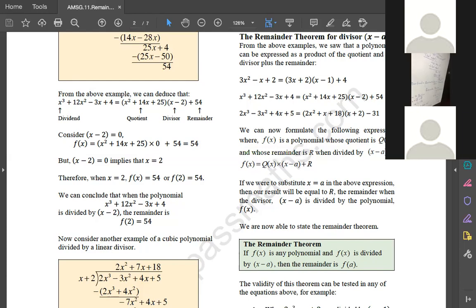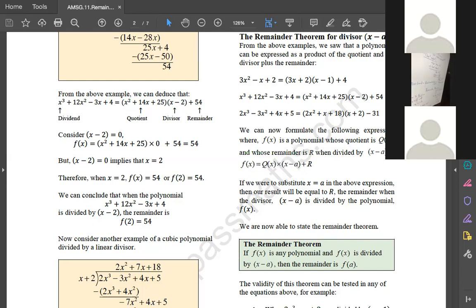So f of x, the dividend, is equal to q of x, the quotient, times x minus a, which is the divisor, plus r, which is the remainder. Very simple formula. If we substitute x equal to a in the above expression, our result will be equal to r. Now the r is our remainder, just like what we did.